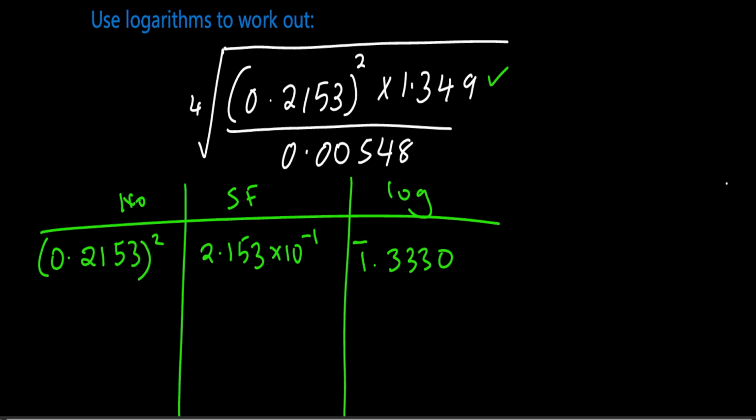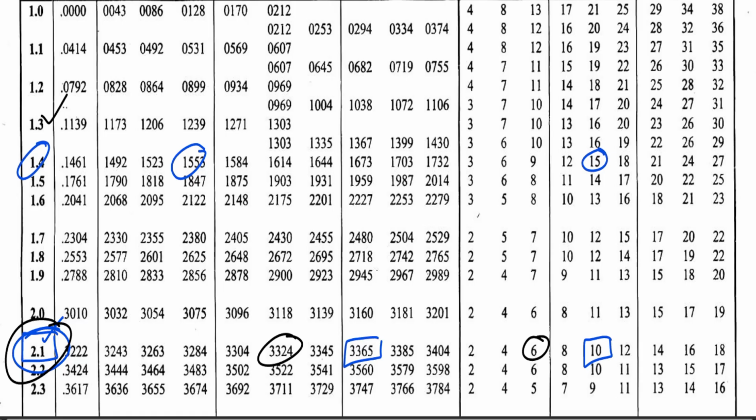The other one is 1.349, which is 1.349 times 10 to the power of 0. So it's supposed to say 0 point, and then the log for 1.349. 1.3, then we have 4, and then we have 9.